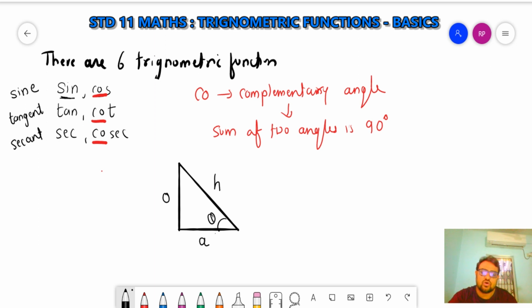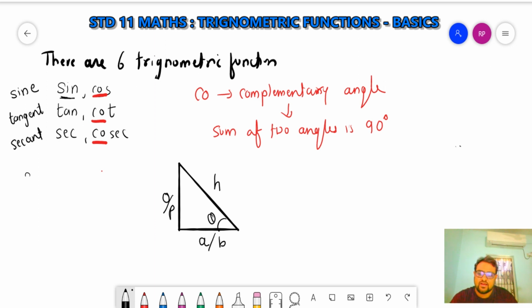Sometimes we also call them base, perpendicular, and hypotenuse. So there are six ratios possible, which means these six trigonometric functions are expressed as ratios of two sides.